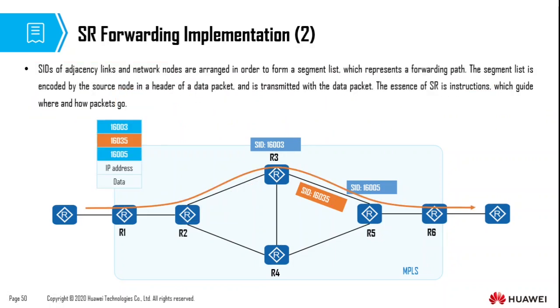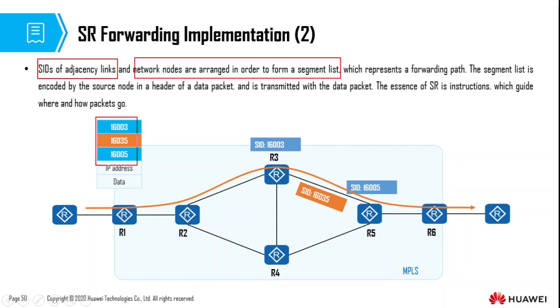SIDs of adjacency links and network nodes are arranged in order to form what we call a segment list. The segment list is what we are seeing here. The segment list is added by the provider edge router before it gets into the MPLS domain, or you can call it the SR domain if you want to.